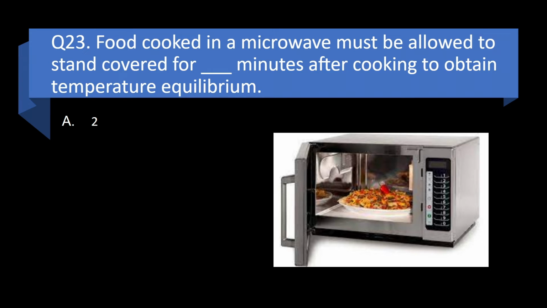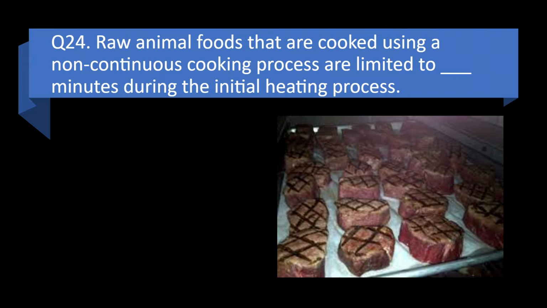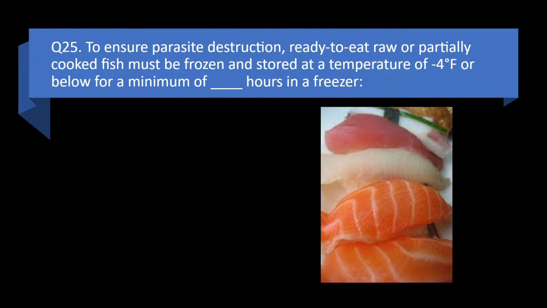A. 2. Question 24. Raw animal foods that are cooked using a non-continuous cooking process are limited to blank minutes during the initial heating process. 20, 30, 45, or 60. D. 60. Question 25.